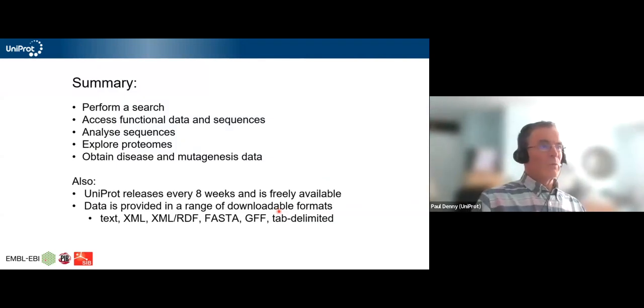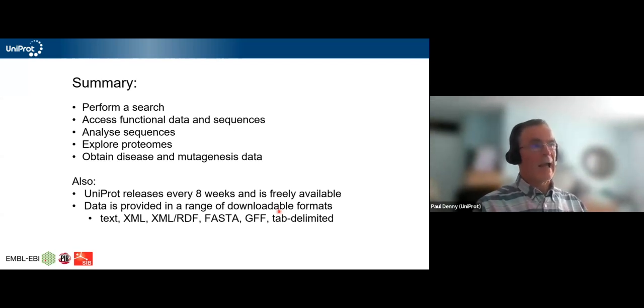So I've given you a very rapid overview of how you can perform a search and look at the functional data in UniProt entries, and how to analyze those sequences. I very briefly mentioned that we hold data in proteomes, a set of related proteins all derived from one organism from its genome, and a little bit about disease and mutagenesis data.